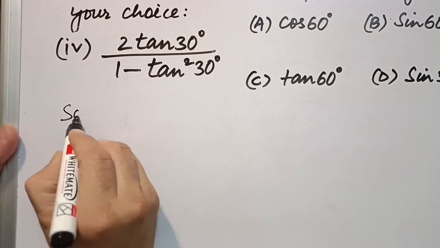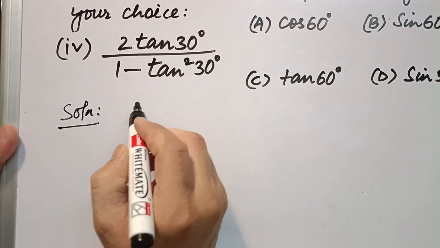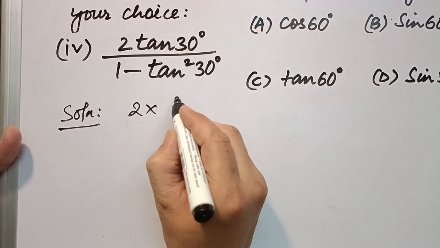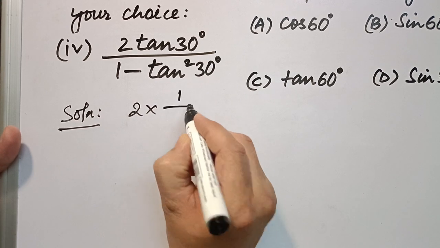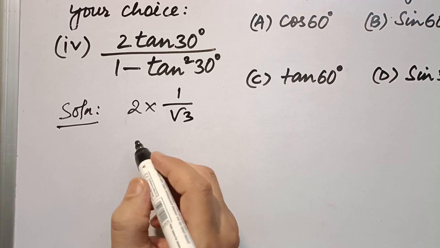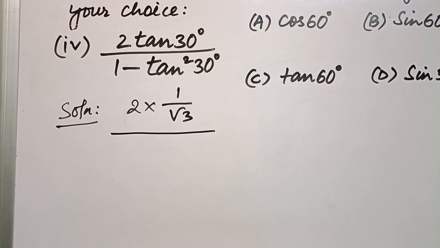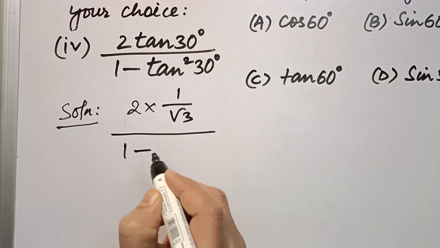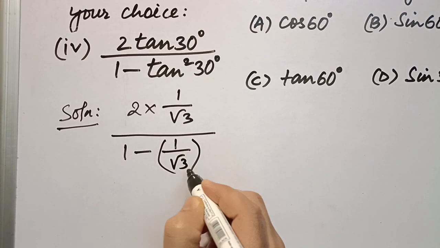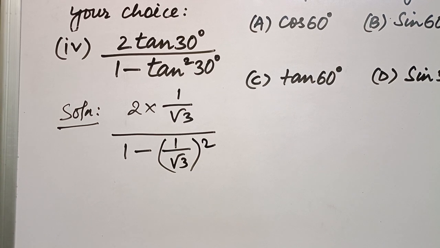Here, solution: 2 into tan 30, which is 1 by root 3, and in the denominator you will write 1 minus tan 30, which is 1 by root 3, whole square.